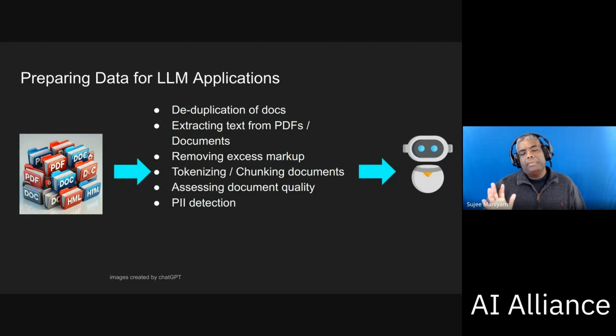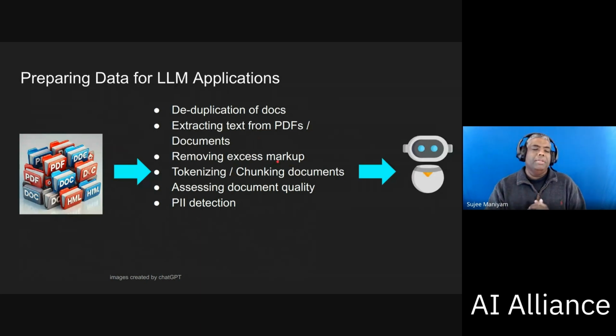I'm pretty sure everybody has gone through this. For example, if you have a bunch of documents, maybe if you have duplicate documents, that's the first step you want to go through. You want to extract data from various formats like PDFs, HTML, and maybe remove some markups.